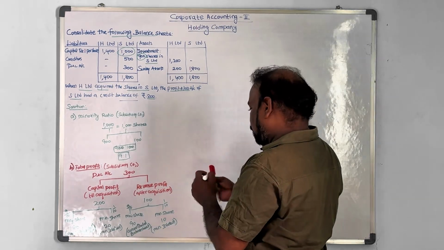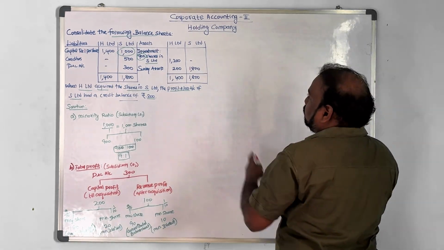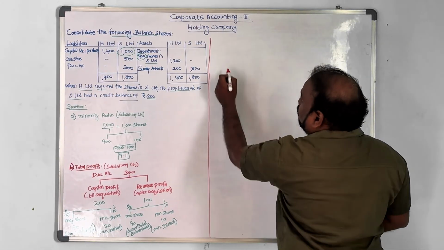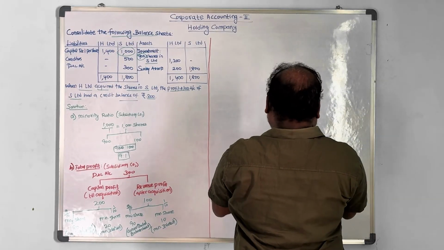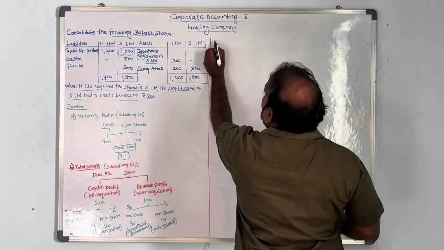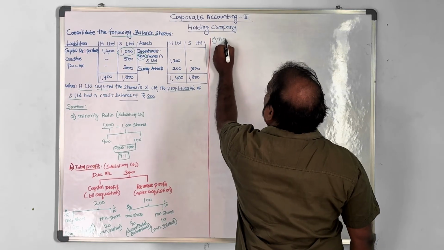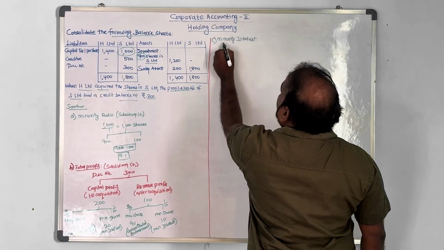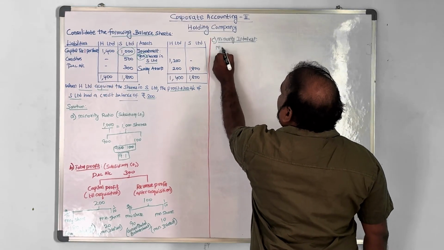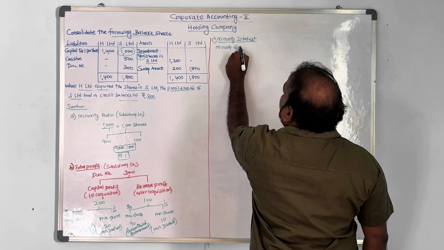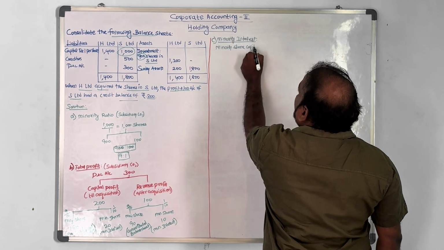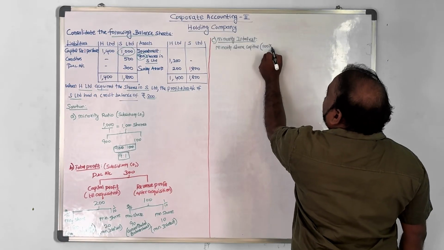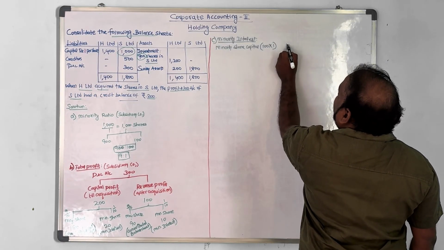That's it. I'll go for the third one, that is minority interest. The format for calculating minority interest is minority share capital. So minority shares 100 into face value 1 is 100.